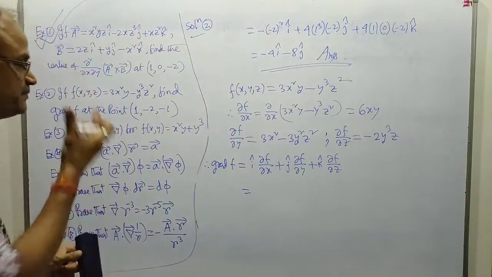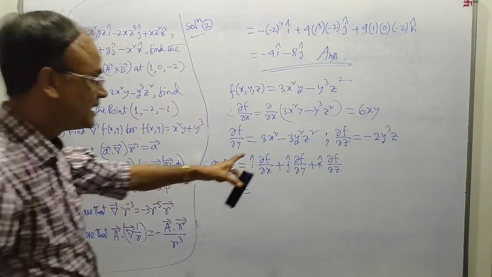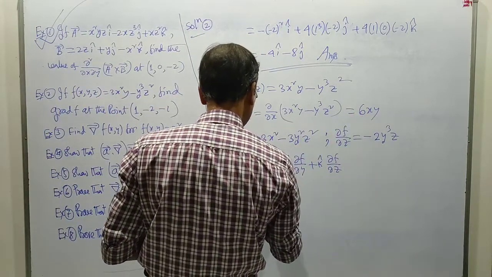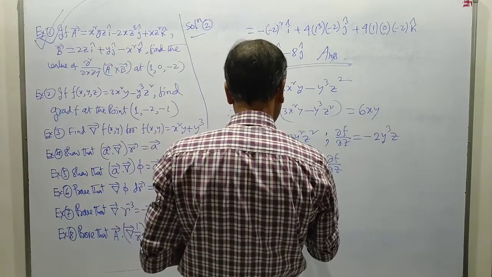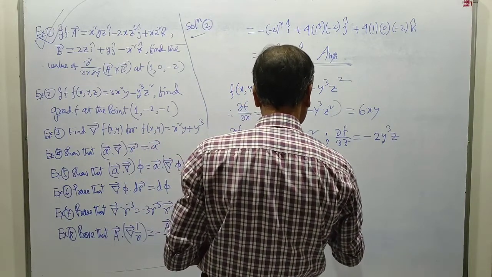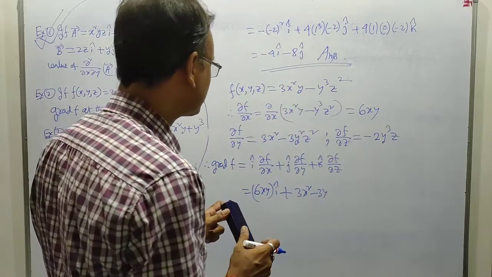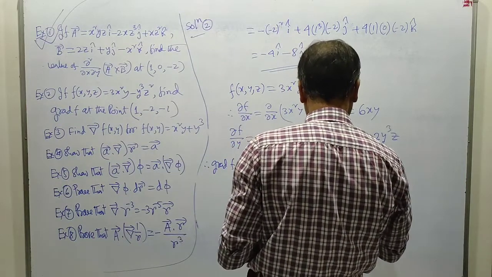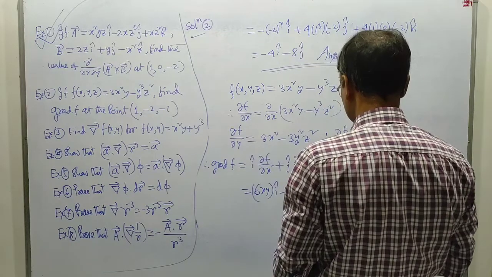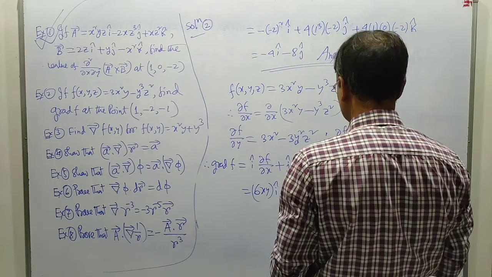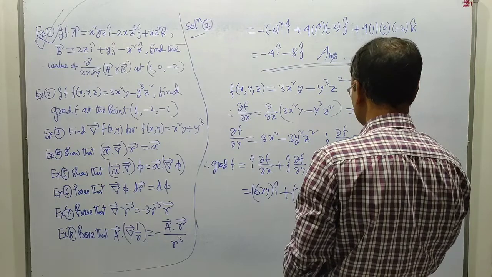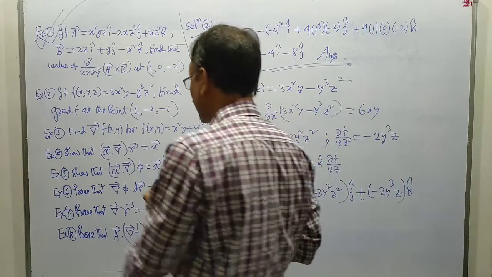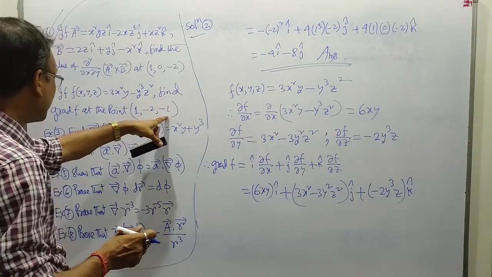This is equal to 6xy i cap plus (3x squared minus 3y squared z squared) j cap plus (minus 2y cube z) k cap. Therefore, the gradient at the point (1, -2, -1).